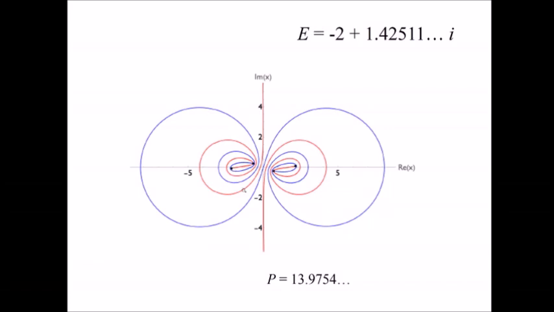So I want you to notice that the red particle goes from the right well to the left well, but it never crosses x equals 0. It never crosses this line. So you can go from one side of the universe to the other without going through the middle of the universe, because what the particle is doing is going off to minus i infinity and coming back from plus i infinity, which is really amazing, okay?